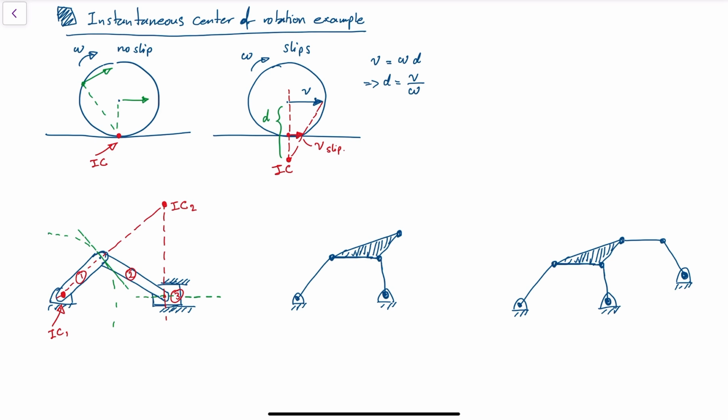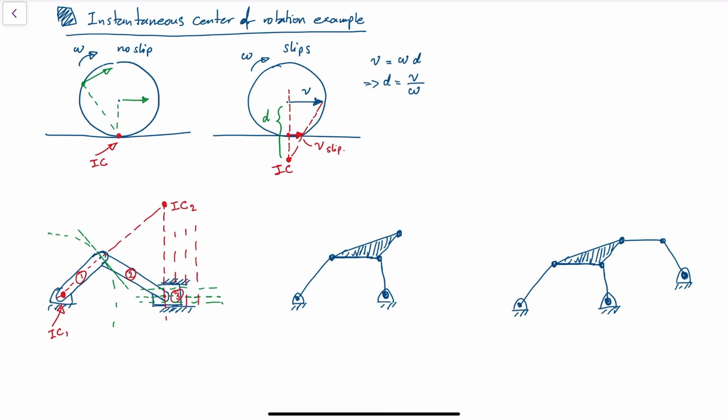And finally, let's look at body 3. We know it is undergoing pure translation. So any point on the body goes along the same path, and all of the perpendicular lines to those velocities are parallel.